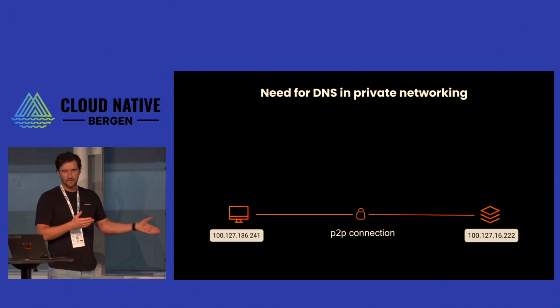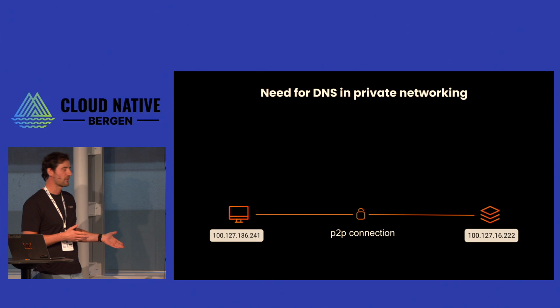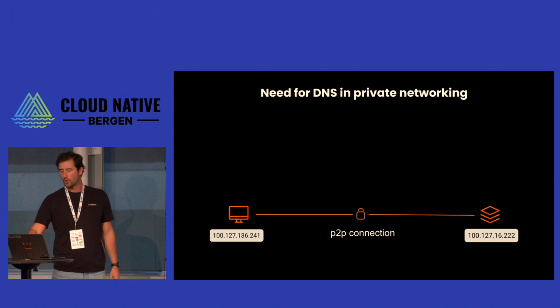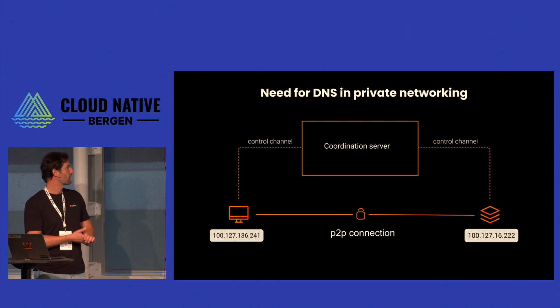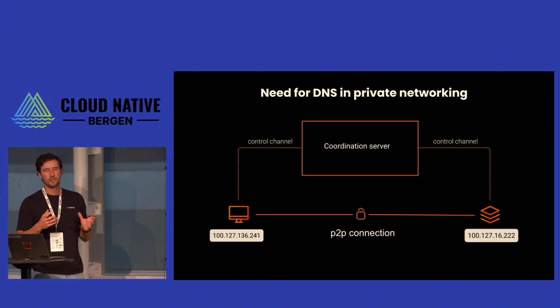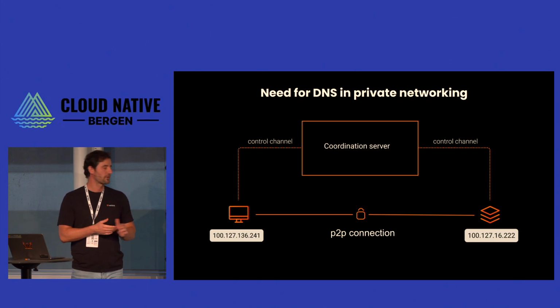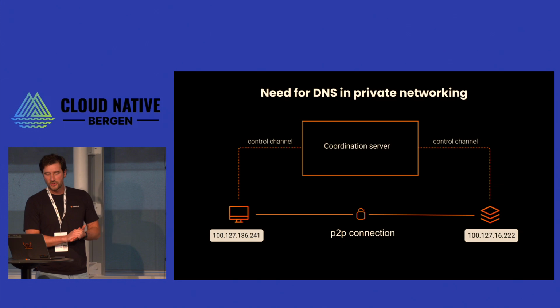In order to communicate, these machines need IP addresses. You can either assign them manually, or you can use some sort of coordination server, like the brains of the network, that will distribute the IPs and assign them to the machines. That's the case for NetBird, by the way.